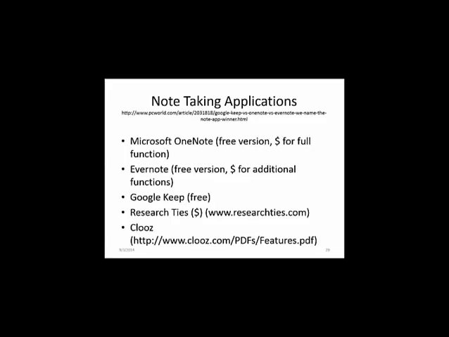Clues is a piece of software that is basically an electronic file cabinet. And so it's not so much for taking notes as it is for storing the documents that you have accumulated and helping index it.